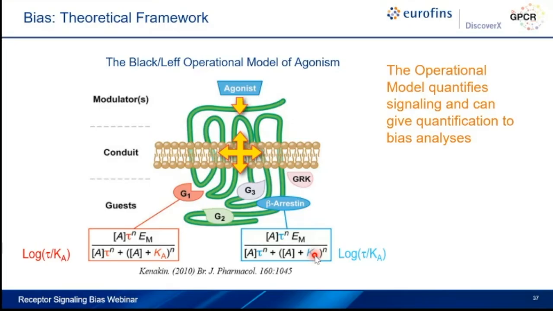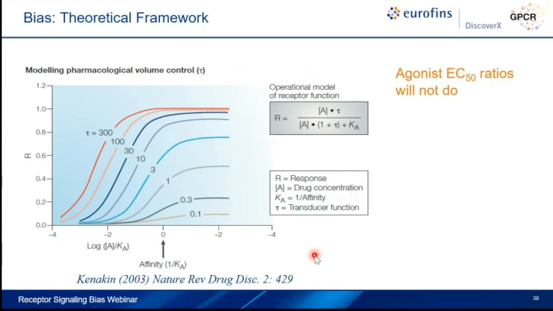Affinities don't vary much, but efficacies do. And so now we can start quantifying the relative efficacy for each pathway, and we can give that a number. But it's a little more complicated than that because of what cells do to agonist response.